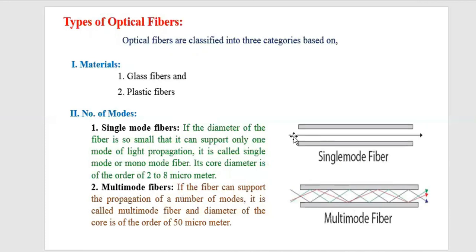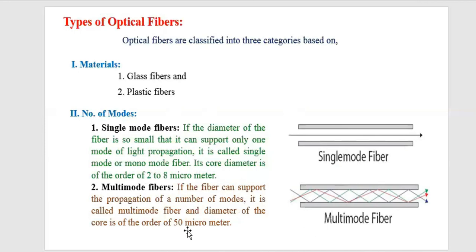Single mode fiber means only one single path the rays will take. This is possible only when the core has a small diameter, that is 2 to 8 micrometers. If the diameter is very small, only a single mode is possible.